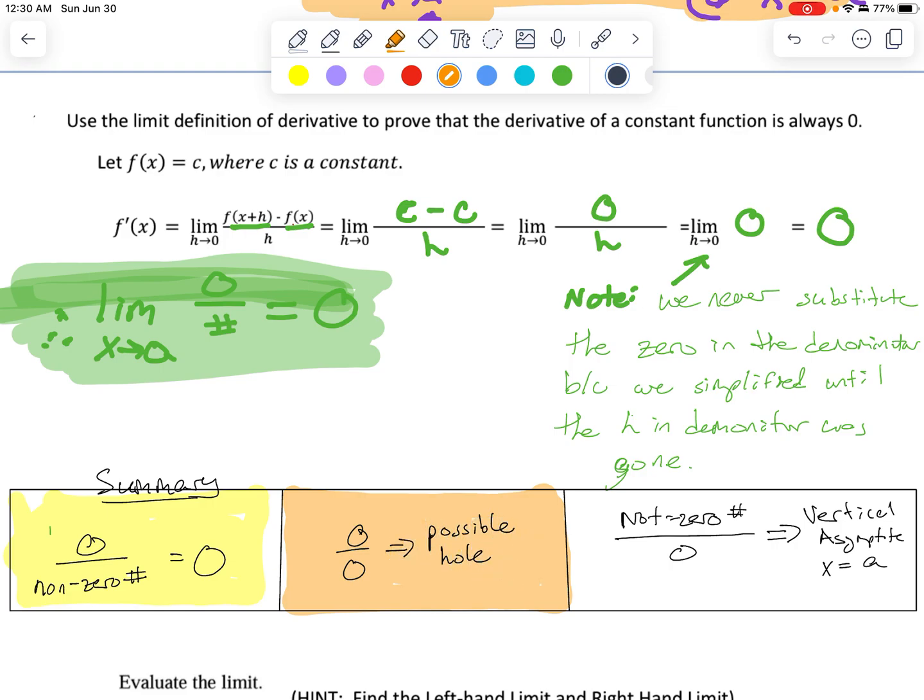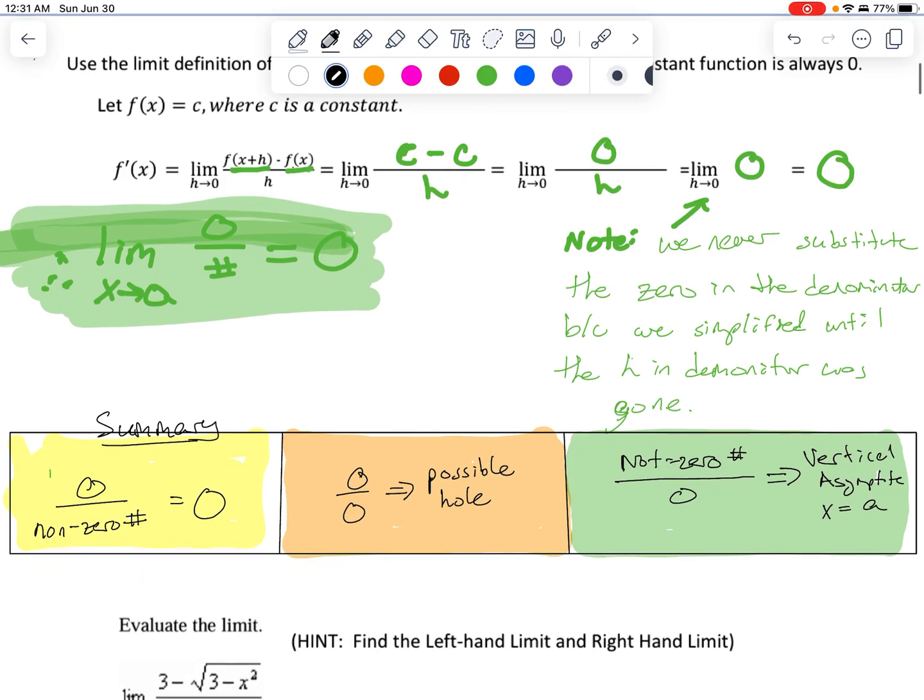And if I simplify, I can find it and cancel it. And that usually means a hole. And the green, the last one, if I have 0 in the denominator, this is after I've simplified, and I have a not 0 in the numerator, that means I have a vertical asymptote. And in fact, I'm going to add to this. This means that the limit would be either infinity or negative infinity.